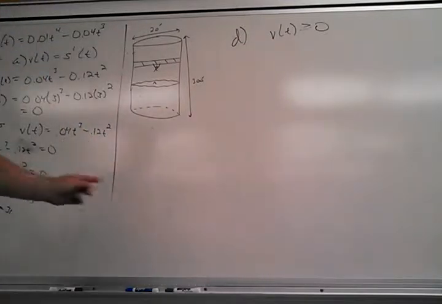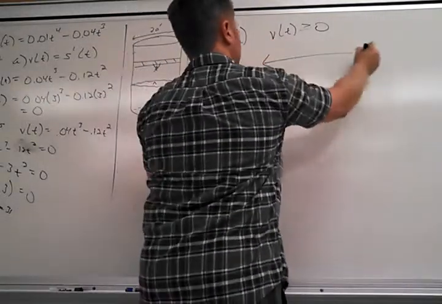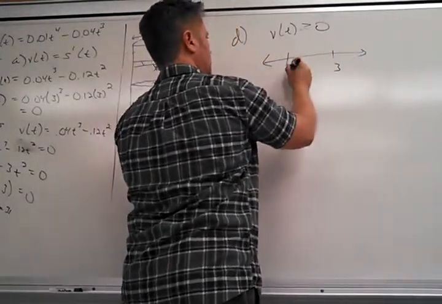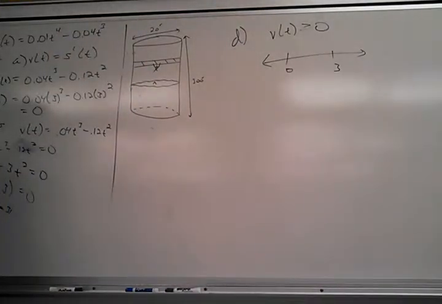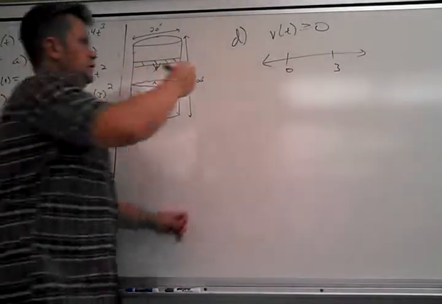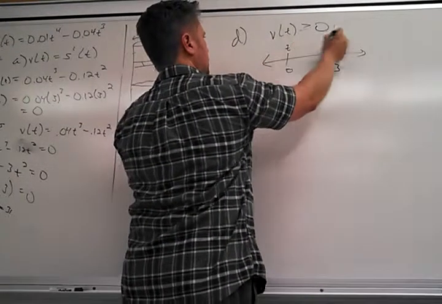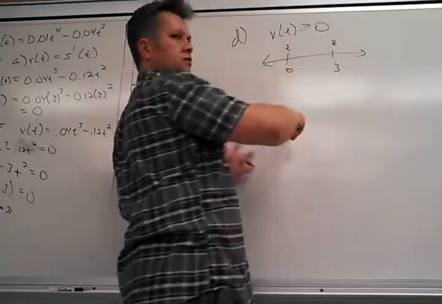Remember, we already know where all the zeros are. The zeros are at 0 and 3. Let's see if you guys remember. This is where pre-calc really comes in handy. If I know these are the zeros, the only possible places it could change sign are at those positions.